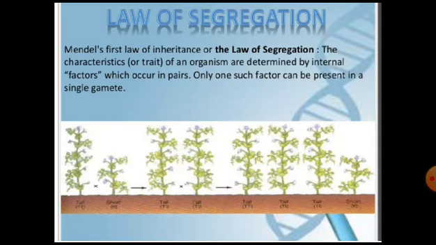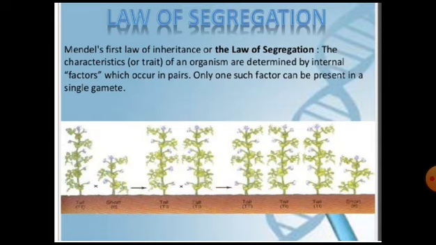Here, Mendel was not aware of what genes actually are. So, at that very time, he used the term factor. Now, these factors are actually the genes. Thus, we can make another statement of Mendel's law of segregation.